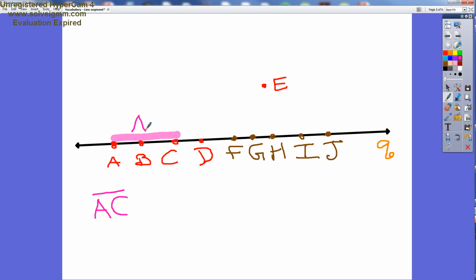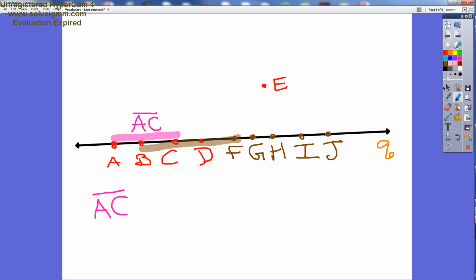This is segment AC. But if we want to talk about, for example, segment BF, well, now we're in a whole different ballgame. We're talking about a completely different line segment. Even though there's a little bit of overlap, it's not the same.